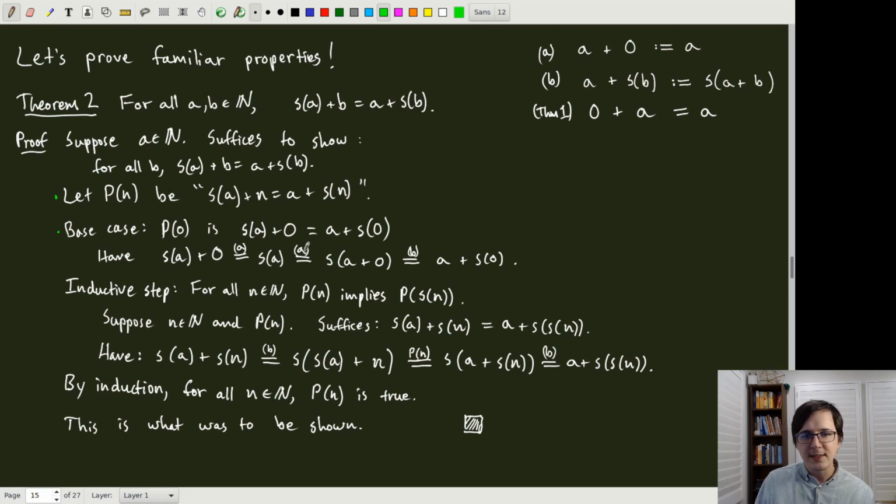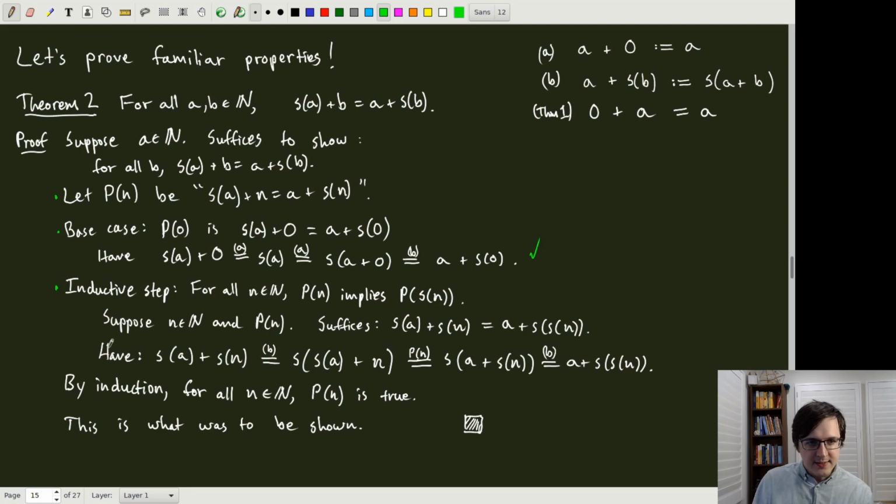Then applying definition a again, but in reverse, we can add a 0 inside. And then applying b in reverse, we can take that successor and rewrite it with the successor on the second number. And that's exactly p of 0. So we have proved the base case.